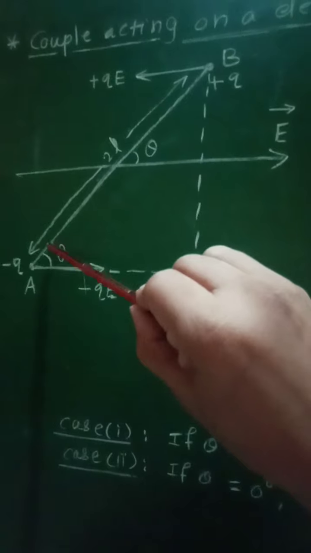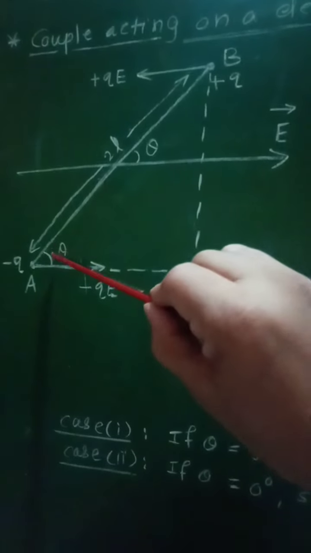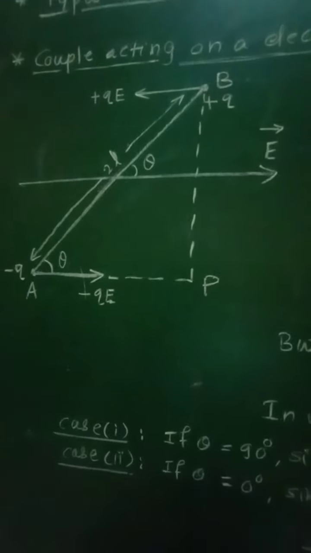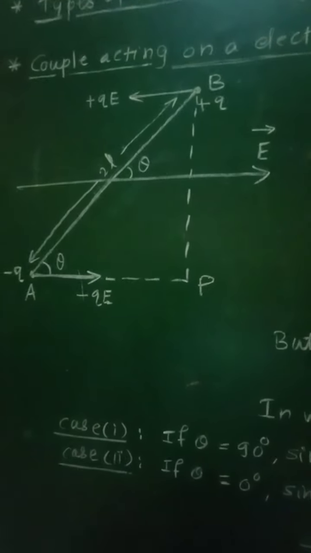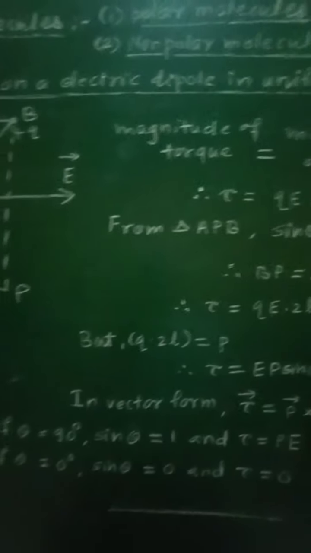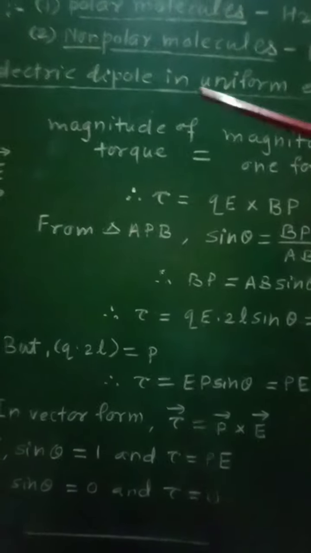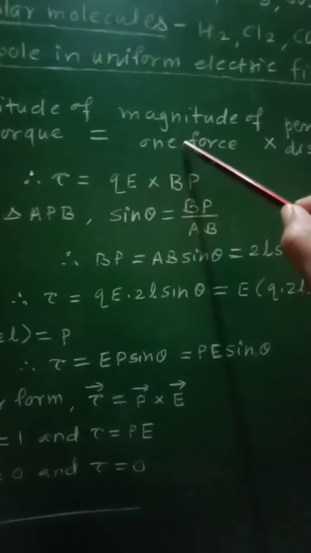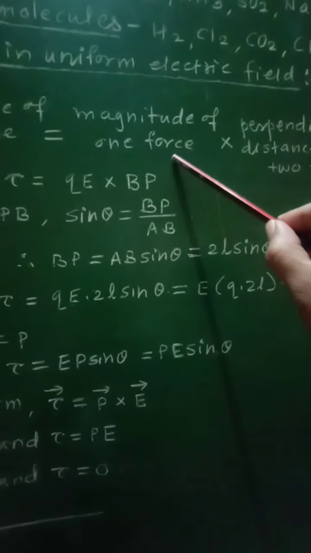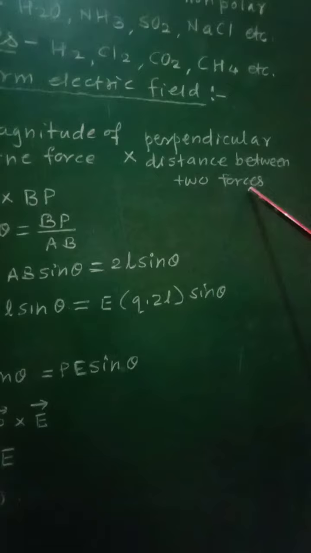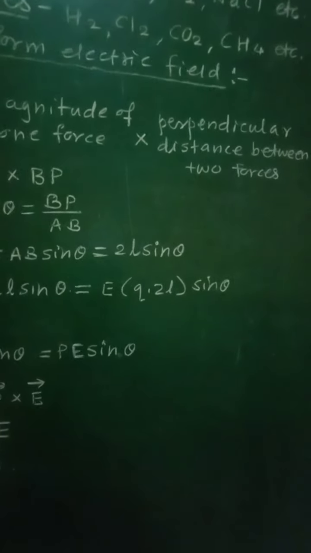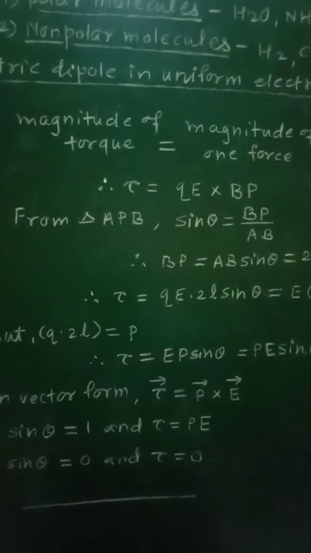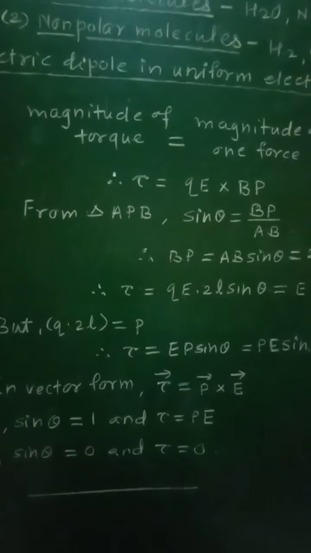The magnitude of the torque will be equal to the magnitude of one of the forces times the perpendicular distance between the two forces. The torque or couple acting on the electric dipole is defined as the product of the magnitude of one of the forces and the perpendicular distance between the two forces.